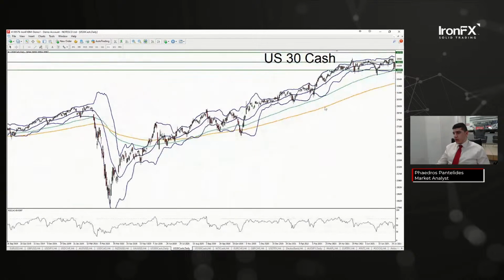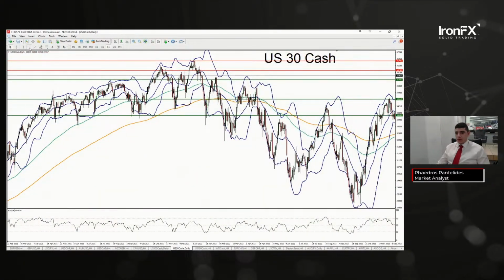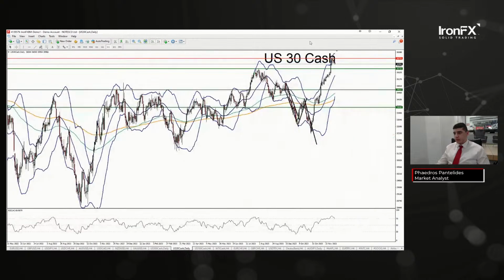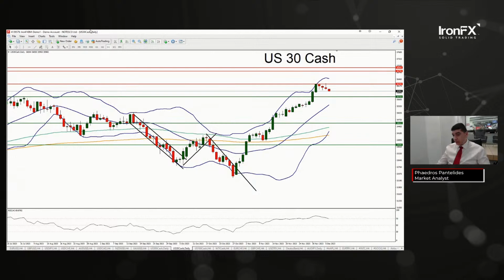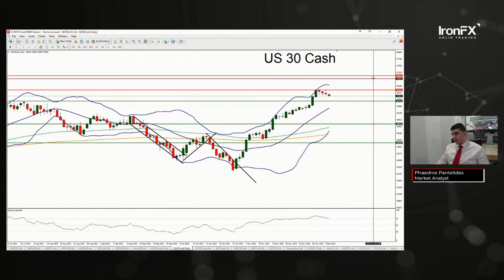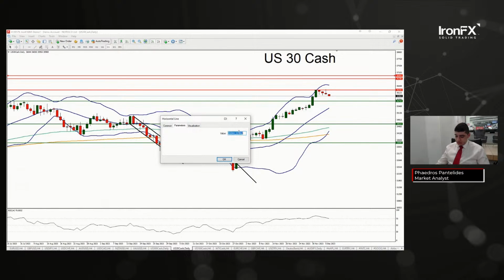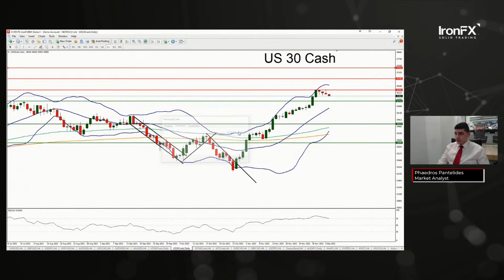And that was the all-time high, so we need to extend, or let's measure the distance between R1 and R2, 534. 37,320 for R3. You have S1, S2, and then S3.